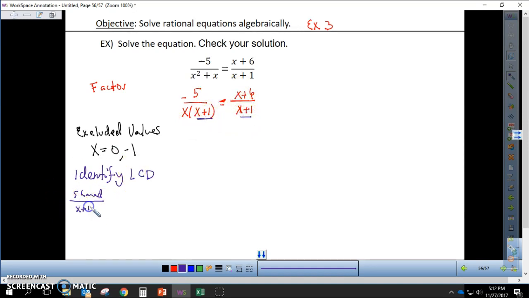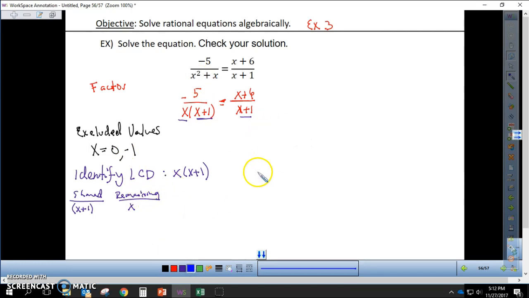So I have x plus 1, that's a shared factor. And then you also need your remaining factors, which is just x. So here our LCD is x times x plus 1. I prefer it in this format as opposed to the expanded format, and you'll see why in a moment.